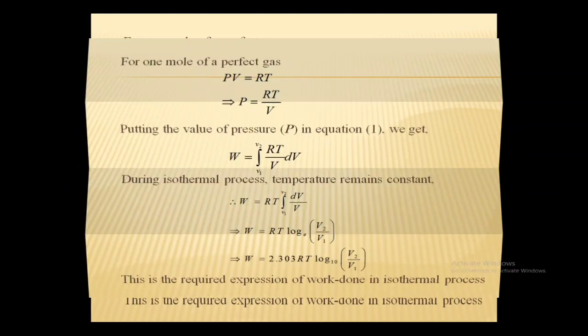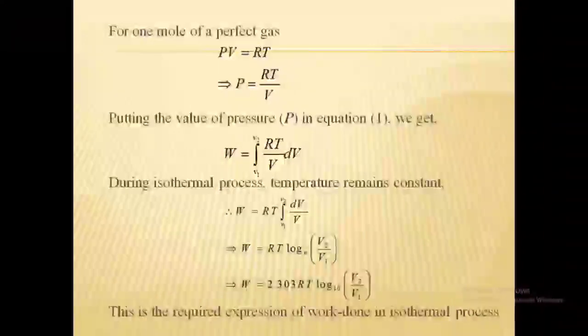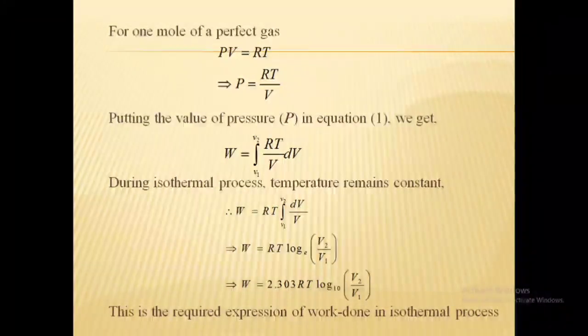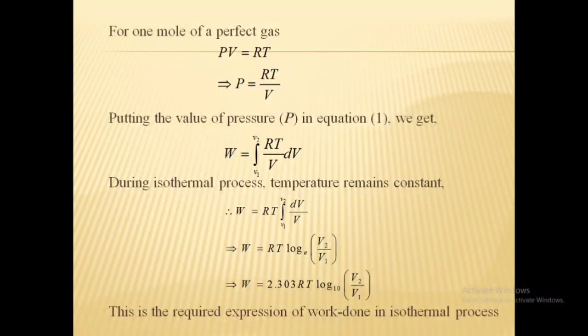For 1 mole of a perfect gas, we can write PV equal to RT. That implies P equal to RT by V. Putting the value of pressure P, which is RT by V, in equation 1, we get W equal to integral of RT by V into dV, where V is the variable and whose limit is V1 to V2.